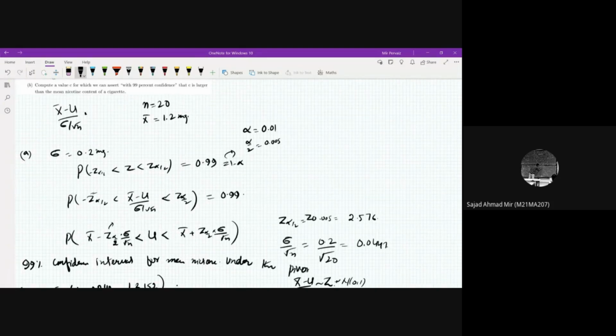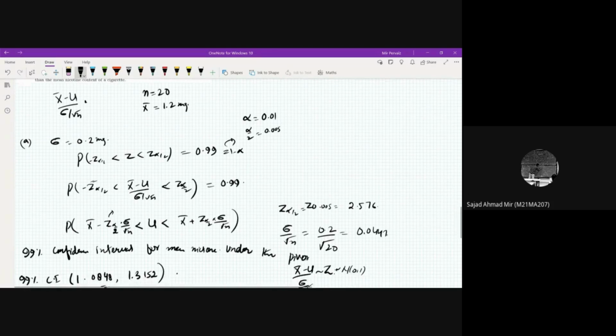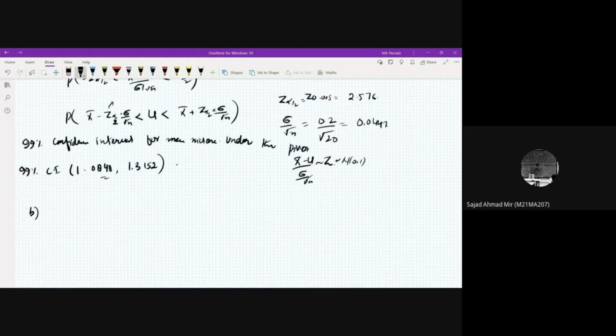You have to find this value of C, a kind of bound, so that with 99% confidence your mean nicotine content is greater than this C. So part B is saying that it's a kind of one-sided confidence interval.